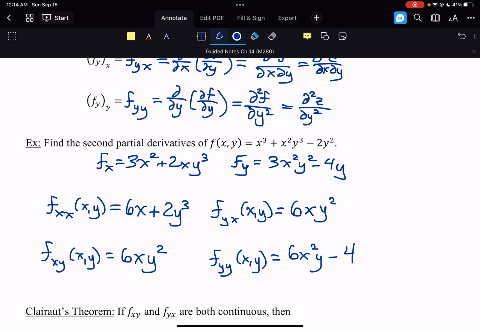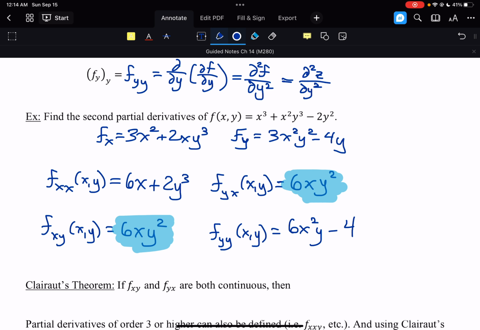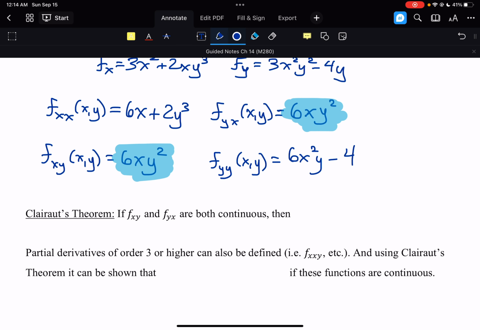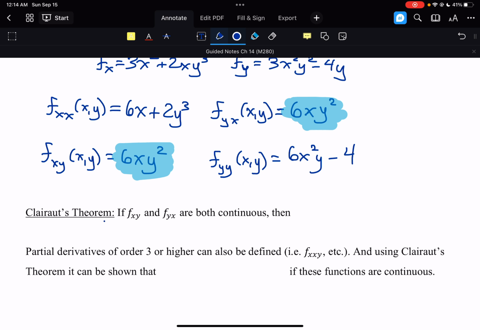Now, the natural question that comes up after we do this example is, what about these two? They're the same thing. The question is, is that just a coincidence, or is that a pattern? Is that something that will continue to happen or not? And the answer is that it is actually a pattern. So this is called Clairaut's theorem.